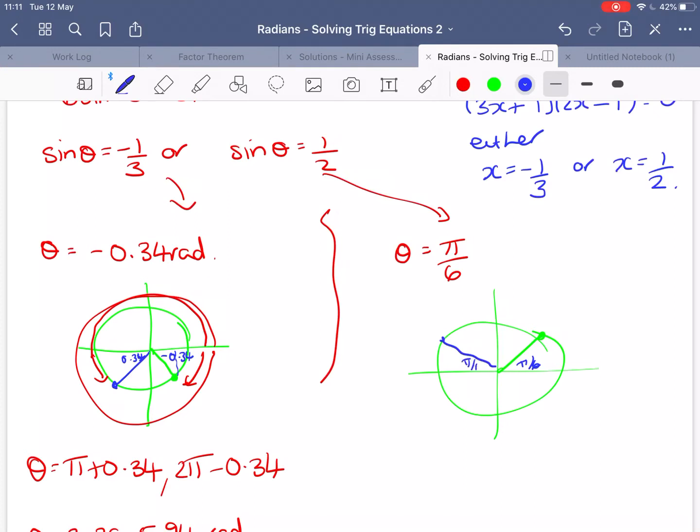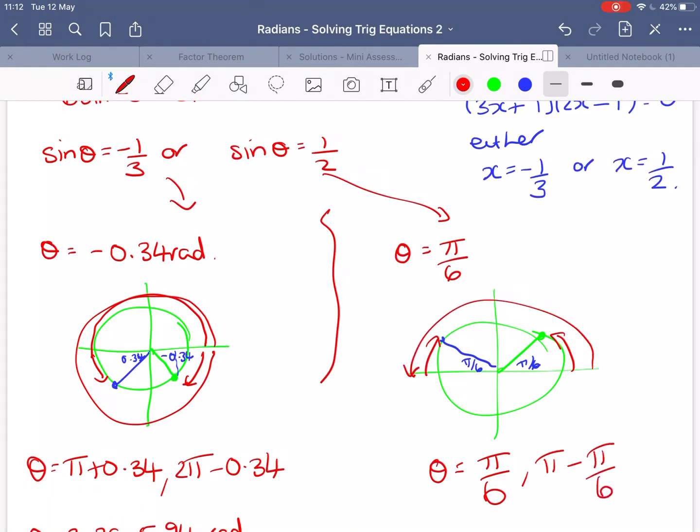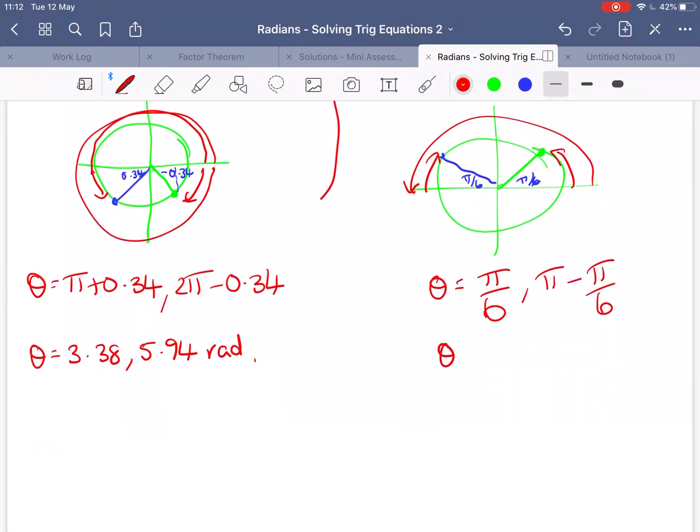So I've got my theta equals pi over 6, which was the first solution, and the second solution is pi take away pi over 6, because I go all the way around to pi and come back again. So my solutions are pi over 6 and 5 pi over 6.